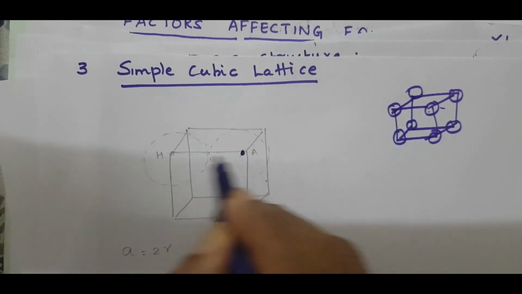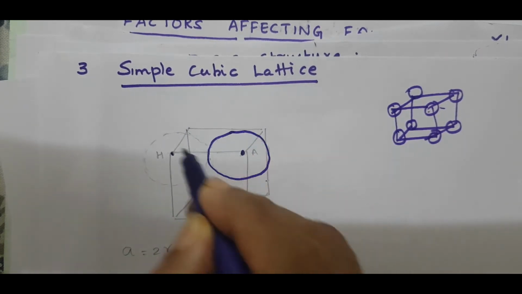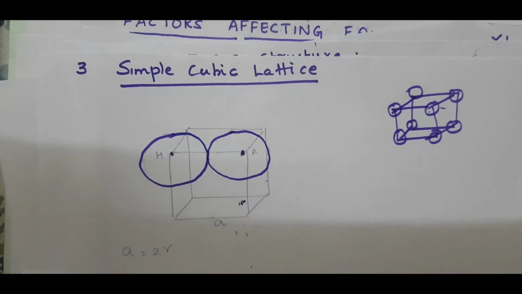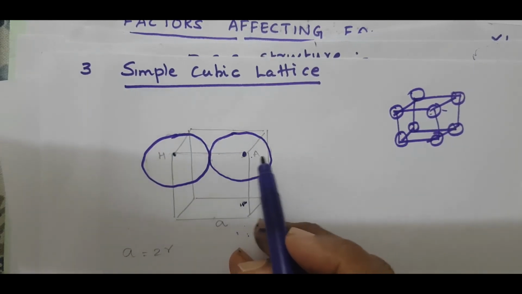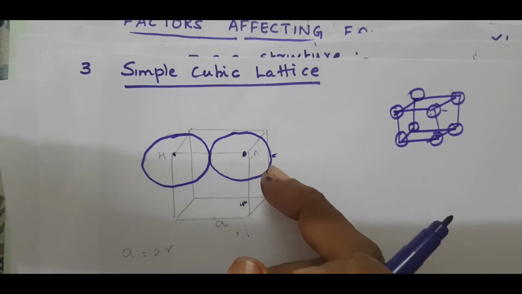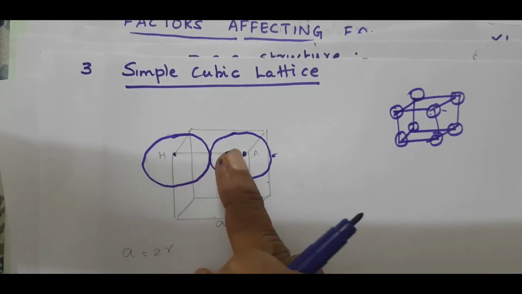So I am drawing like this here. This is one sphere and this is another sphere. Since it has only two spheres, the two spheres will touch each other. Since the atoms are located at the corners of a cube, the particles will touch each other along the edge.